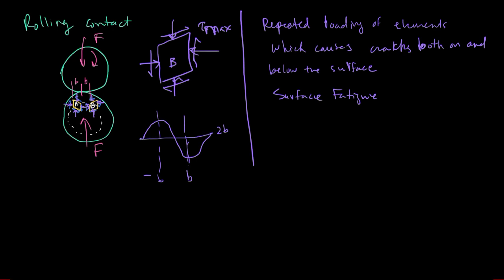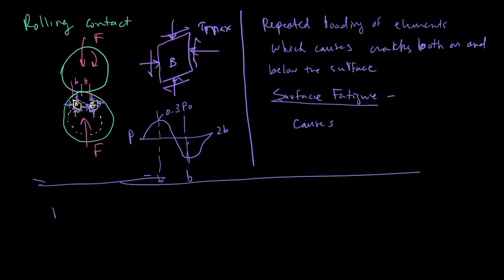If this is our pressure P, and this is about 0.3 P naught, that max pressure occurs, and this mechanism of loading and unloading of these elements causes this surface fatigue, and this causes two mechanisms. That's called pitting and spalling.